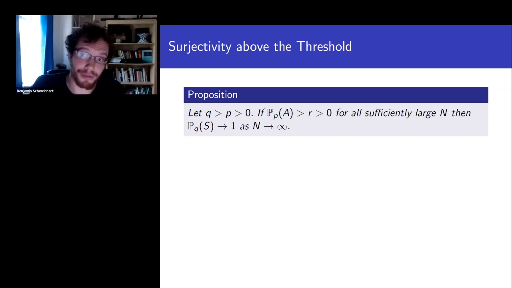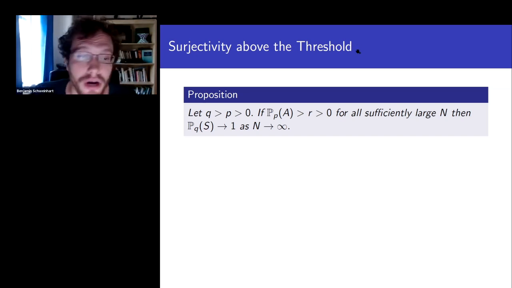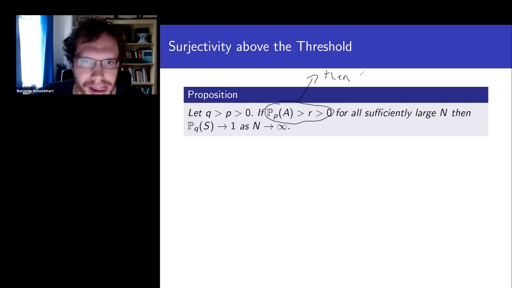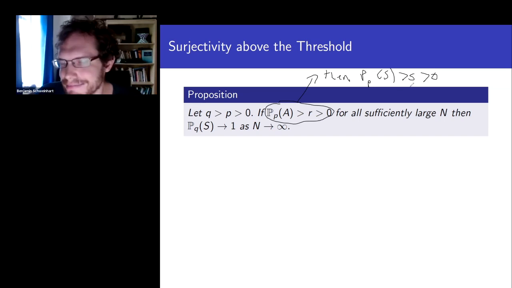And then the next step after that is to show that, so that's this hypothesis here. We get this from the spinning lemma. If this is greater than 0, the spinning lemma says that P_s is greater than 0 for some little s. Okay, that's what the spinning lemma tells us.